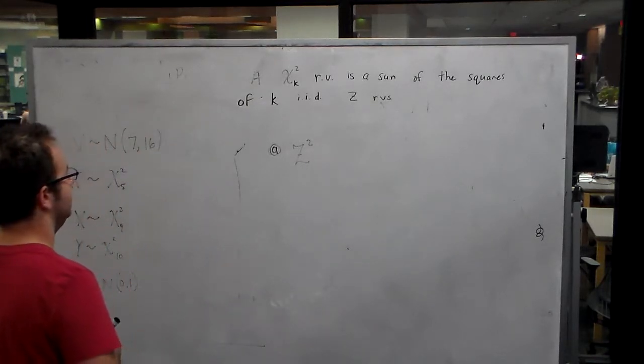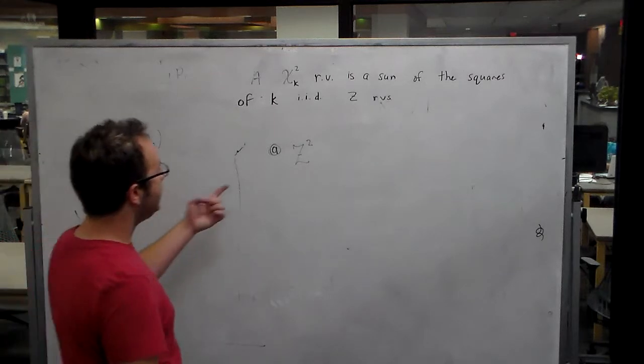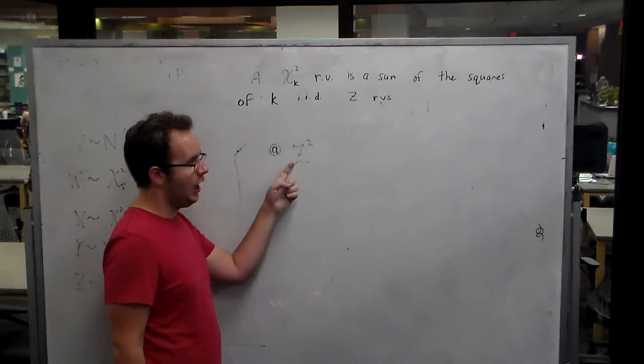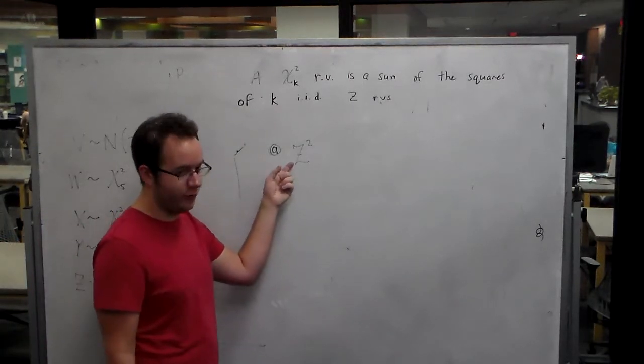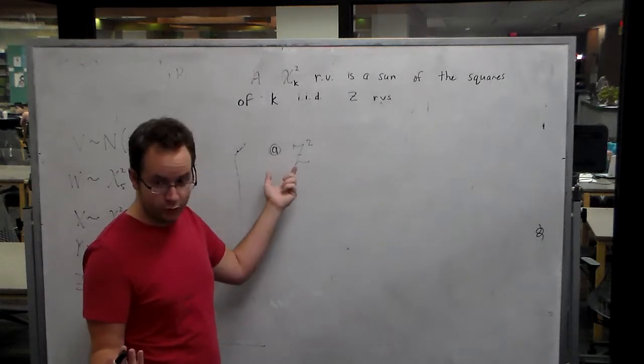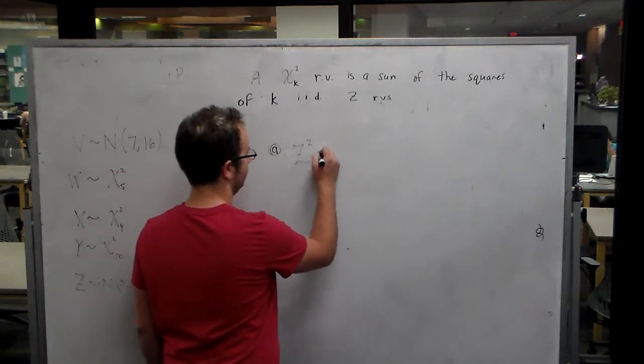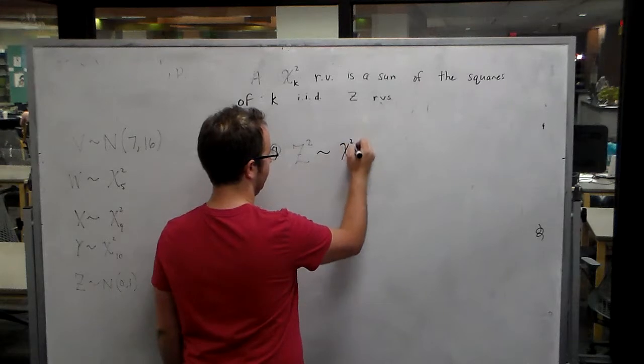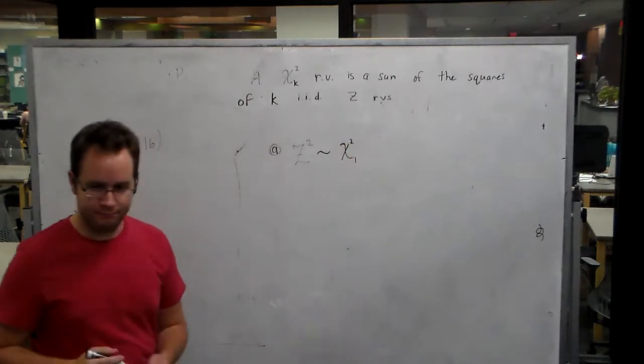So how many Z normals do I have here? There's just one. So that means this guy is distributed chi-square with 1 degree of freedom.